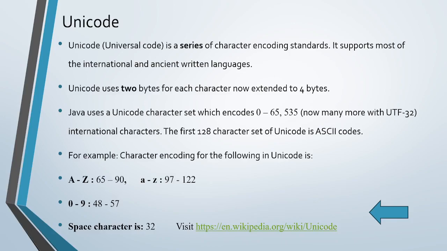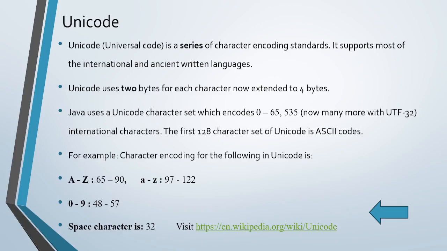For example, character encoding for the following is A to Z 65 to 90, lowercase a to z 97 to 122, the numbers 0 to 9, 48 to 57, space 32, and so on and so forth.